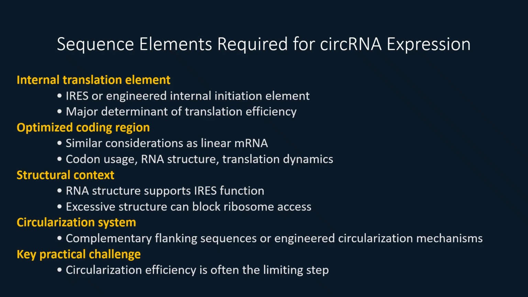But structure plays a bigger role here. The IRES depends on specific secondary structures to recruit the ribosome, and too much structure around it can block access. It's a balancing act. Finally, the molecule needs elements that enable circularization, the complementary flanking sequences or engineered systems. And in practice, circularization efficiency is often the main technical bottleneck.